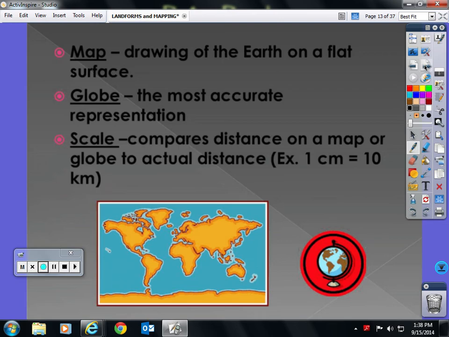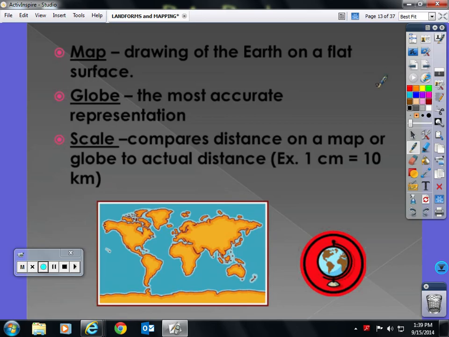Okay, a map is a drawing of the Earth on a flat surface, which makes it really difficult because you're taking something that is three-dimensional and putting it on a flat area. So a globe is going to be your most accurate representation. A scale is what we use to compare the distance on the map or the globe to the actual distance. In your example, 1 centimeter equals 10 kilometers.